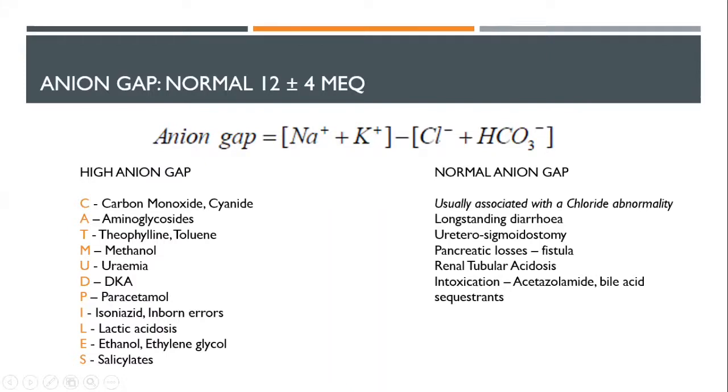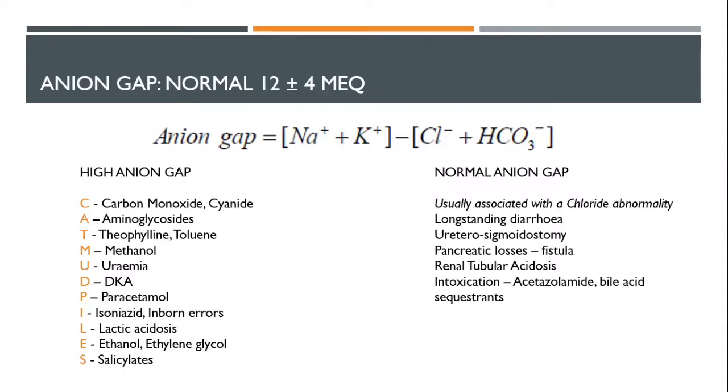I'm not a huge fan of mnemonics in life, but this is a very useful one. The causes of a high anion gap metabolic acidosis can be remembered with the mnemonic CAT MUD PILES. You can look through those at some point, but the ones that stand out that you see often are DKA, a lot of the poisonings and overdoses, and then, important to remember, the organic alcohols: ethanol, ethylene glycol, methanol.